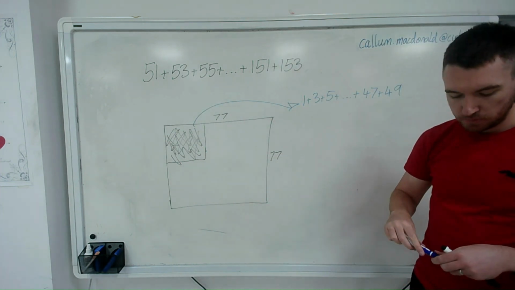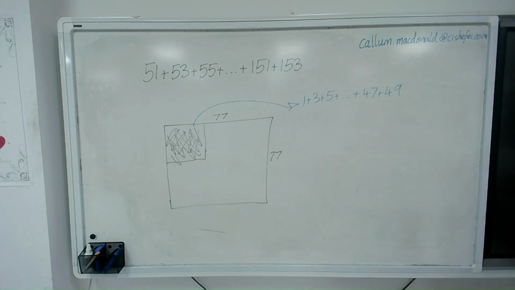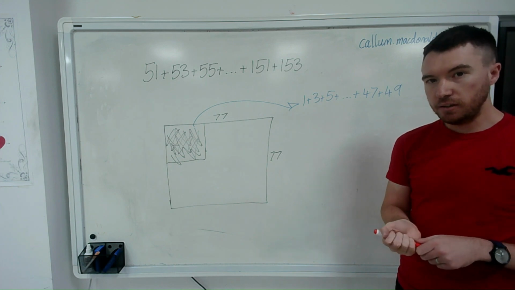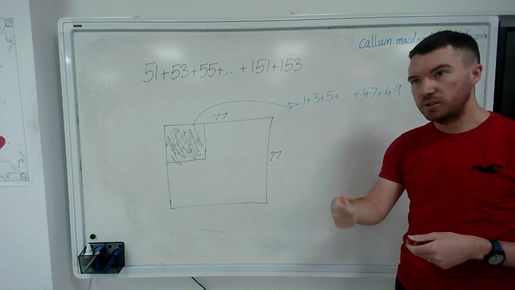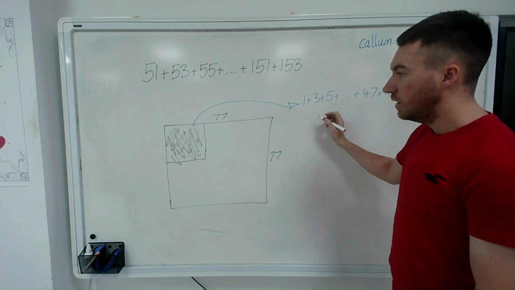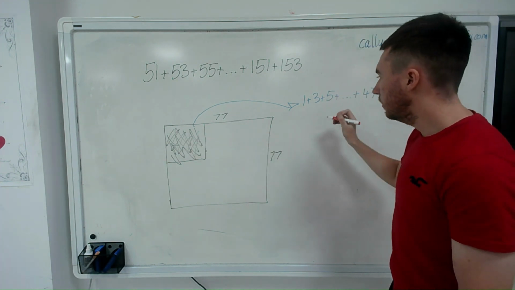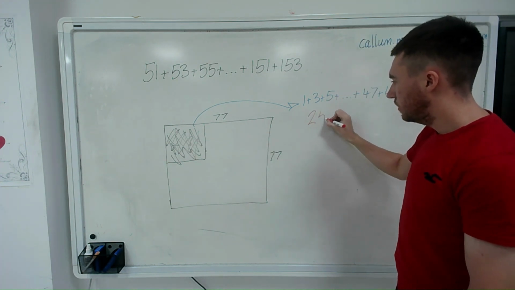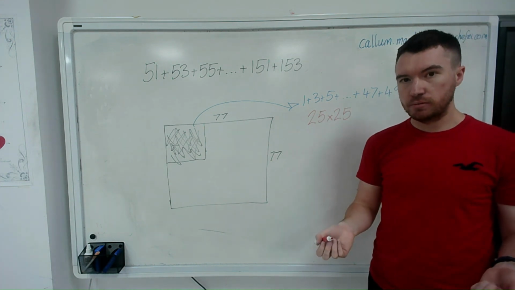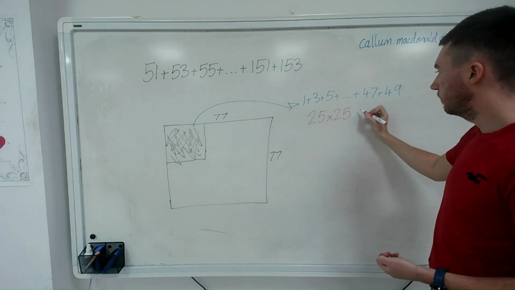Okay. So then we need to do a little bit of work and solve this. So the number of terms between 1 and 49 is 49 plus 1 divided by 2, which is 25 terms. And the area here is 25 times 25, number of terms times number of terms, right? Which we did before.